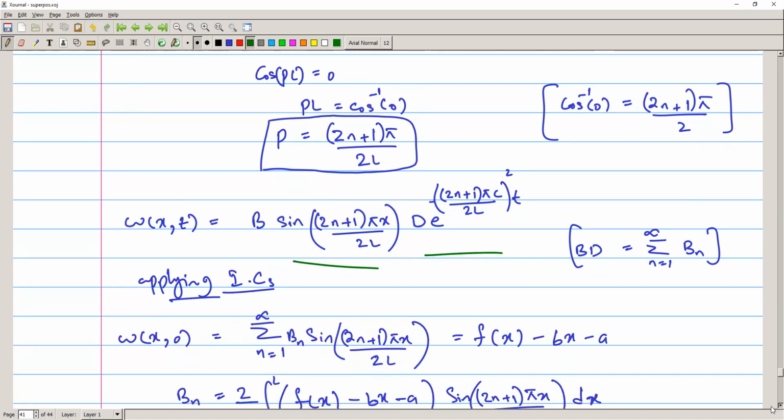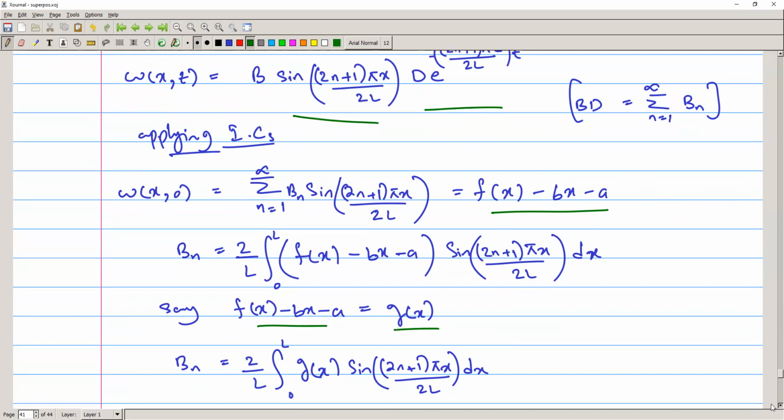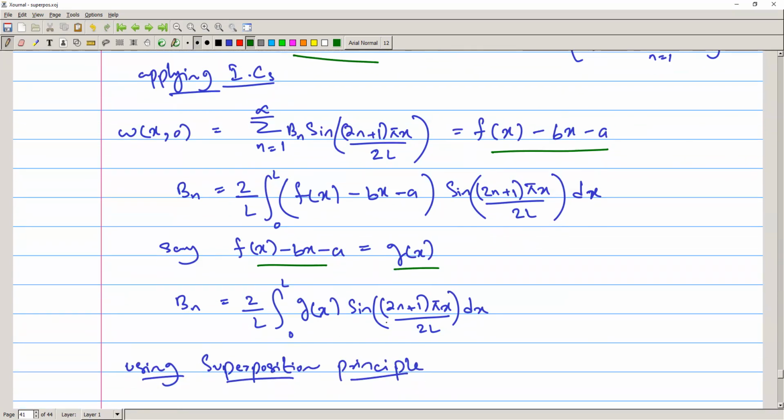So now we will apply the initial condition, that is w(x,0) = f(x) minus bx minus a, right? We can call f(x) minus bx minus a as g(x). So now it will be g(x) times sine of (2n+1)πx over 2l, right?